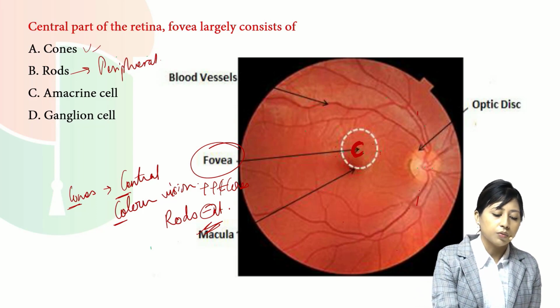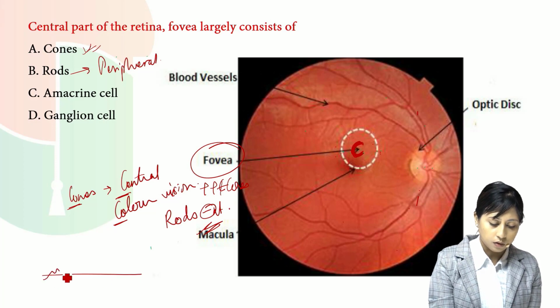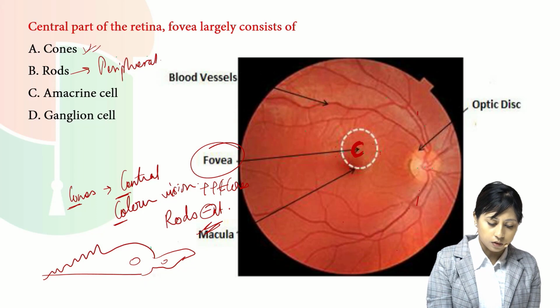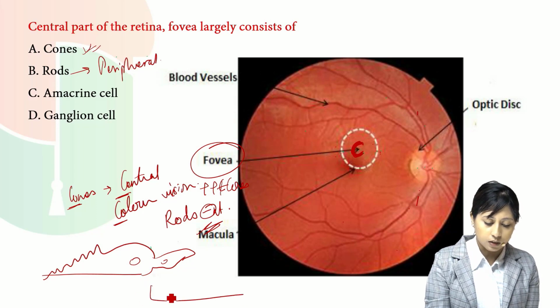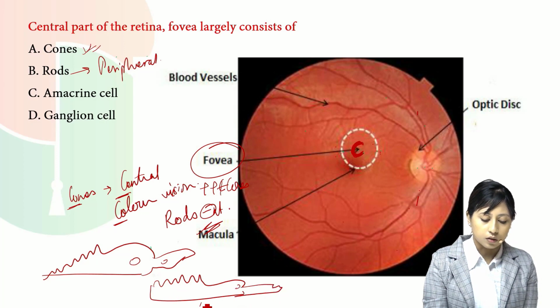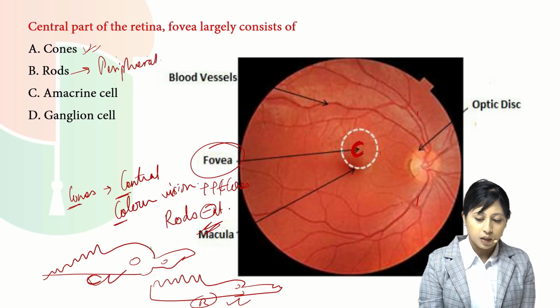As the name suggests, cones are cone shaped, and rods are rod shaped. This is the cone and this is the rod. Rods are flat. This is the rod, this is the cone.